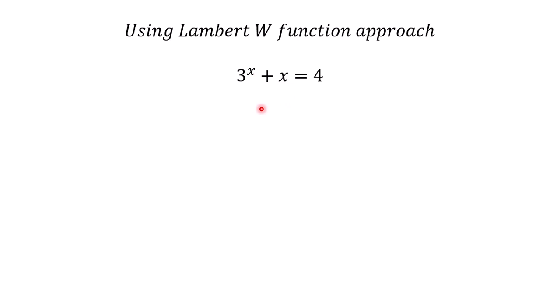In our previous video, you remember we said that if you want to use the Lambert W function approach to solve a problem, make sure that what you are solving, you get something like something times e to the power of something.